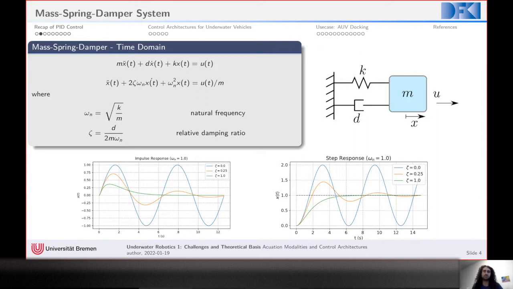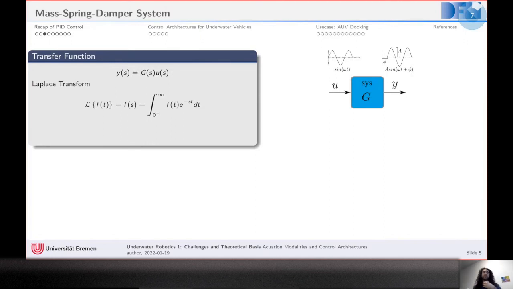Now, this is when we're talking about the system in the time domain. We can also talk about the frequency domain. The frequency domain is basically if we take any function in the time domain and do a Laplace transform on it using this formula, we transform the function to this s, which is basically a complex plane.